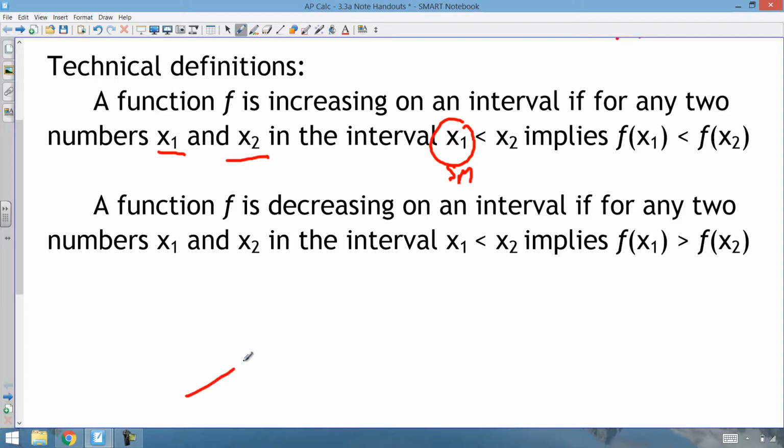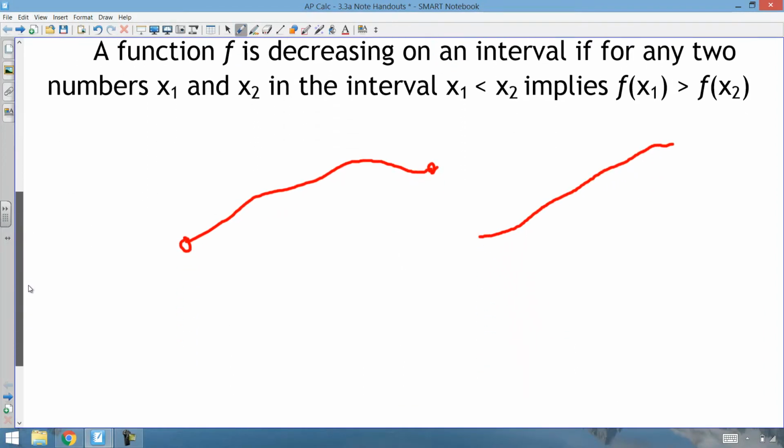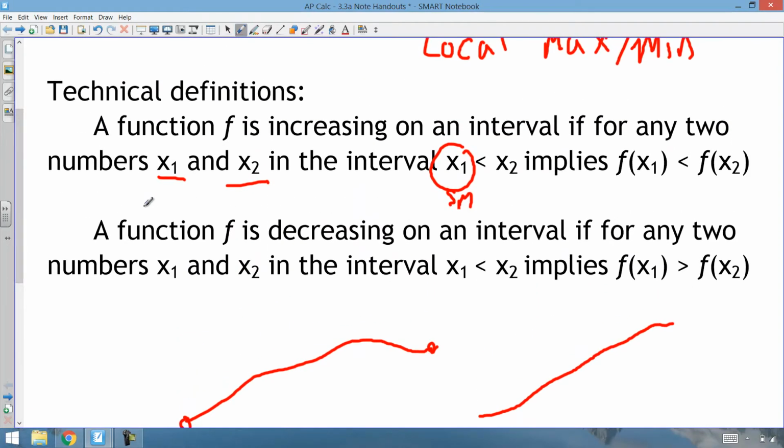In other words, this is not increasing even though it went up. This is increasing because it goes up the whole time. And vice versa for decreasing. So it's just a technical definition. I wouldn't worry too much about it. The bigger y's are smaller than the little y's, basically, going down or going up.